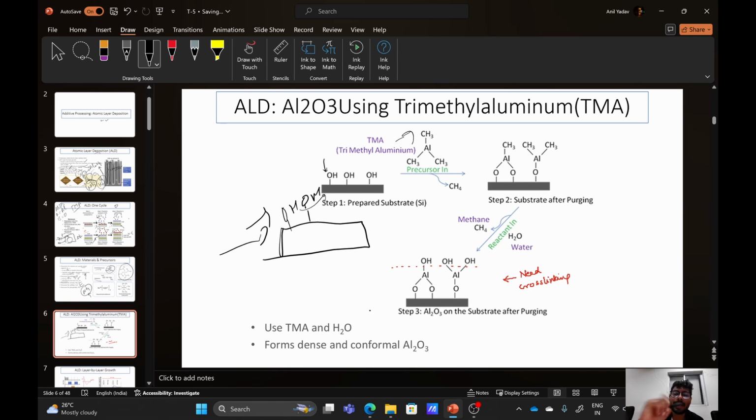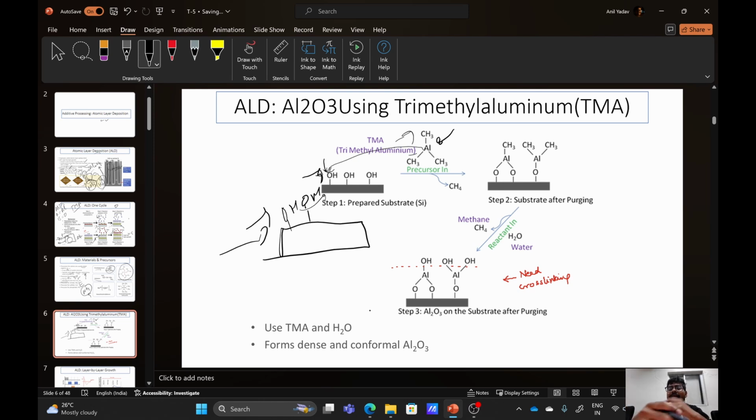So what will happen is this aluminum will attack the oxygen. This is a Lewis acid base reaction. The OH will act as the base and this will be the Lewis acid, because there is a lone pair of electrons and there are vacant orbitals on this aluminum.